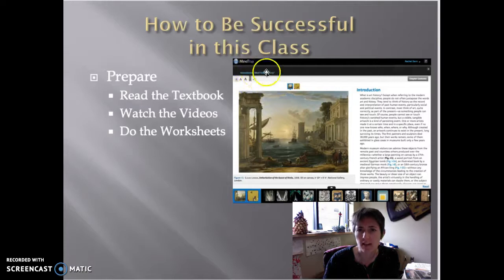It's up next to those A's above the image, and it'll read to you. If you still are having trouble focusing while you read, which I understand can be an issue when you're tired, watch the videos. I always include optional videos and sometimes include required videos to basically supplement what the text is saying.